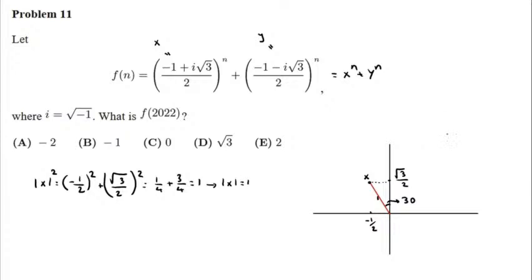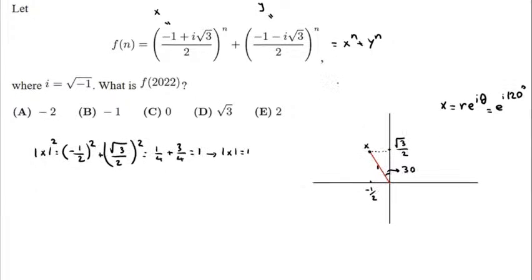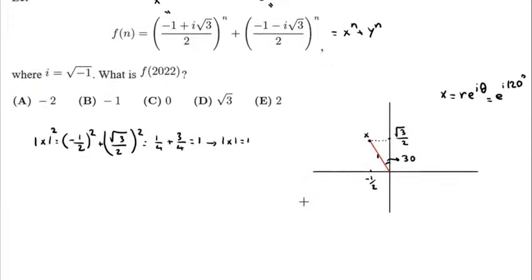So x is r e to the i theta, where r is 1 and theta is 120 degrees, since 90 plus 30 is 120 degrees. Now, let's focus on finding y. It is negative 1 half, negative root 3 over 2.